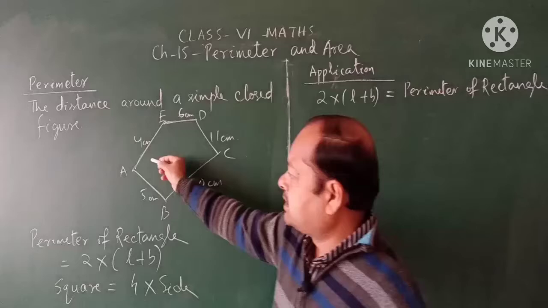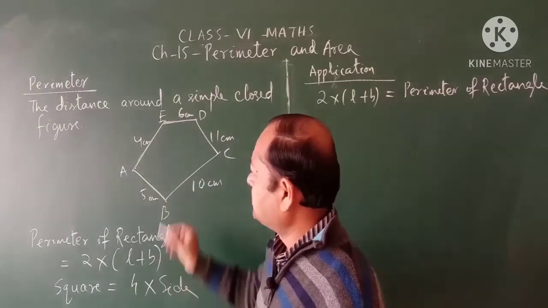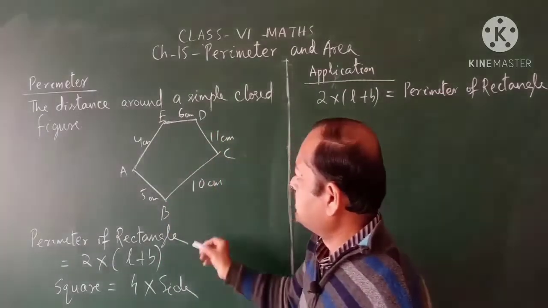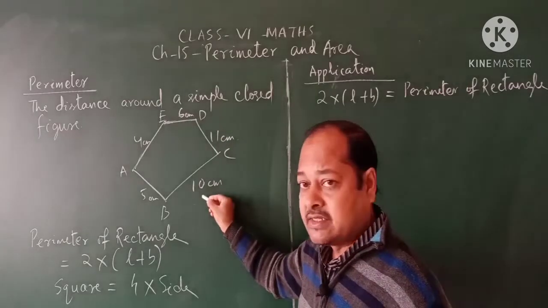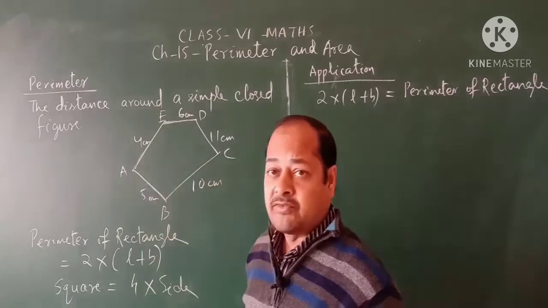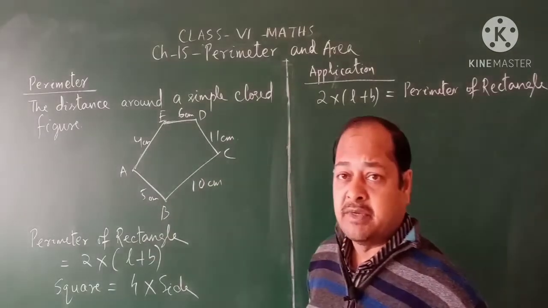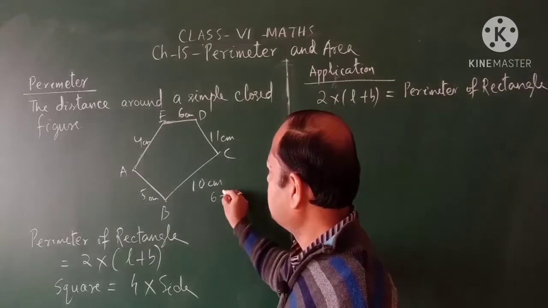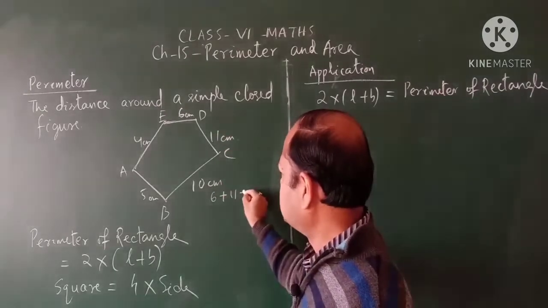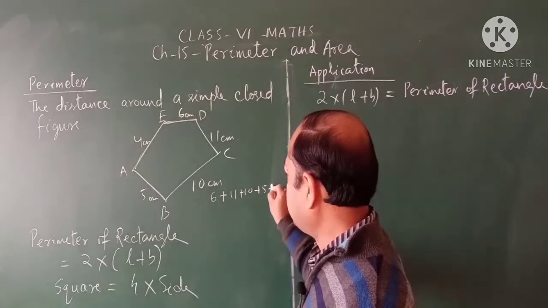For example, here A to E is 4 centimeter, E to D is 6 centimeter, D to C is 11 centimeter, then C to B is 10 centimeter, then B to A is 5 centimeter. So what is the perimeter of this figure? We can say that the perimeter is 6 plus 11 plus 10 plus 5 plus 4.